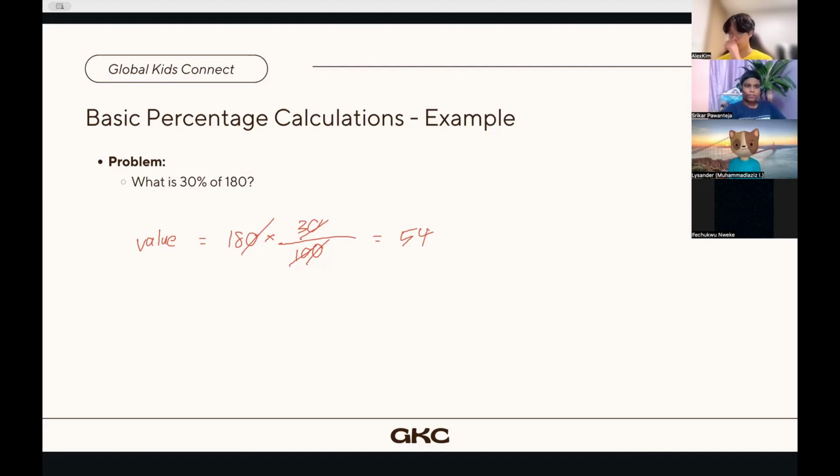What I suggest is actually using your calculator for such simple multiplication. Using your calculator is much faster and more reliable, because when you're taking the actual digital SAT exam, you're kind of nervous and you want to go through every question quite quickly. These simple basic percentage calculations come up at the very beginning of the modules and the exam, so you're more likely to make simple mistakes.